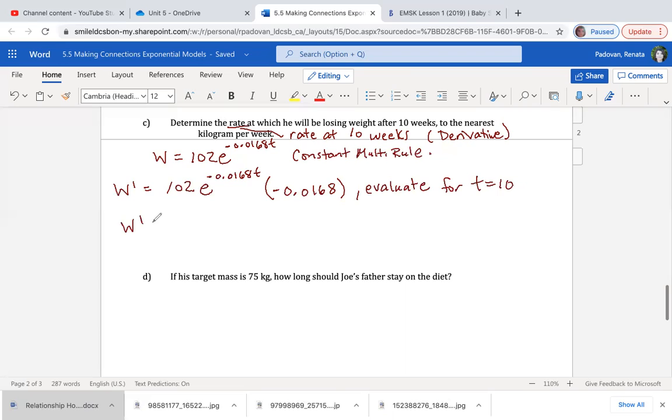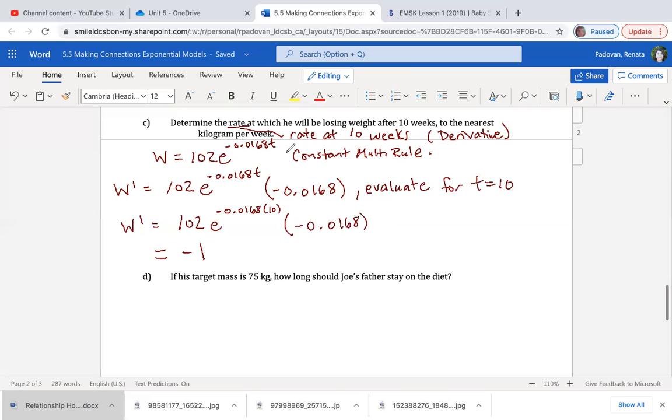So the derivative is equal to 102 multiplied by e to the negative 0.0168 times 10, multiplied by the negative 0.0168, to the nearest kilogram per week. So I guess you would get a value of like negative 1.